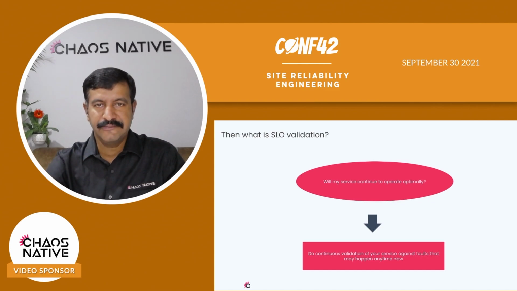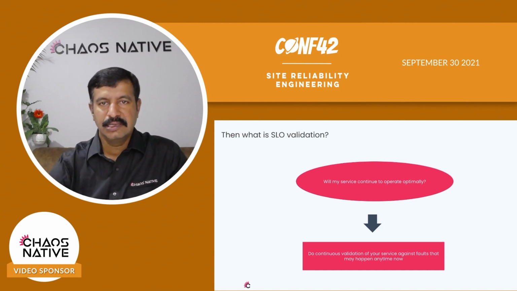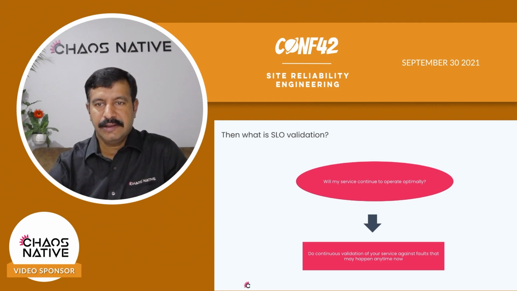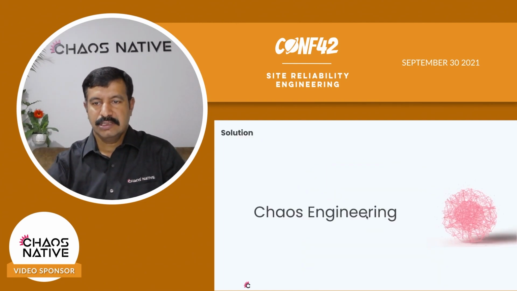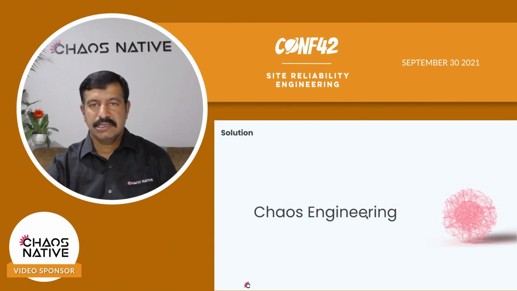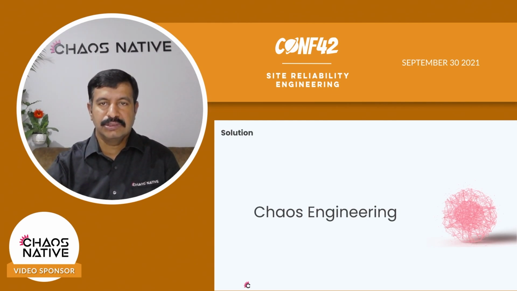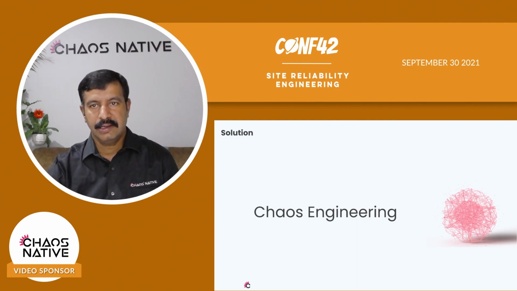A dependent failure will be scheduled, and then validate if your service is continuing to perform or your SLO is met. So that's the idea of validating an SLO and making sure that my service will continue to run fine no matter what happens. So, in other words, chaos engineering will be used to guarantee that no matter what, your service is okay, right?